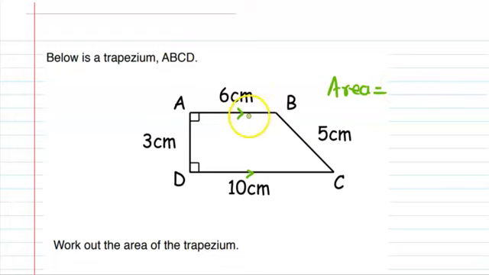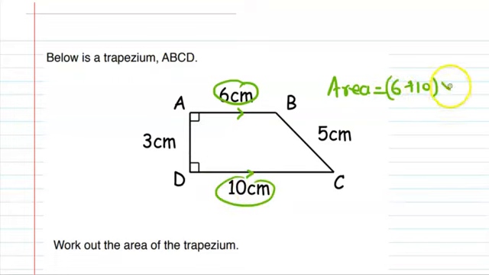So which two are the parallel sides here? 6 and 10. So let's take 6 and 10. You add 6 plus 10, times the height. How much height is here? 3. That's okay. 3 and divided by 2. 10 plus 6 is how much? 16. And 16 times 3 divided by 2.